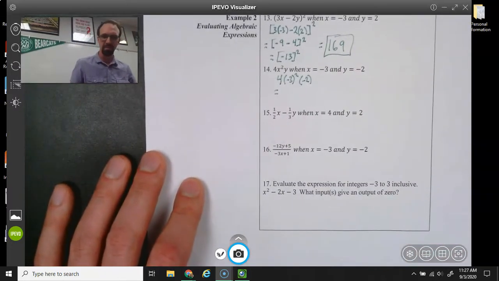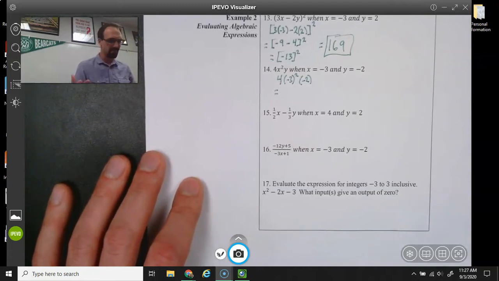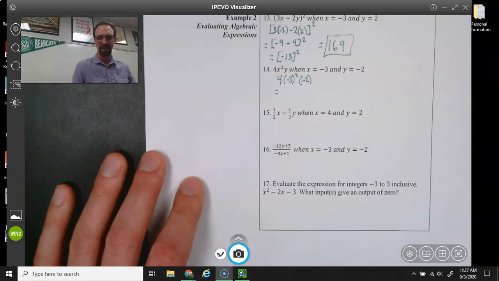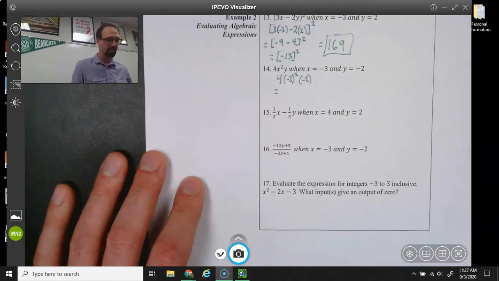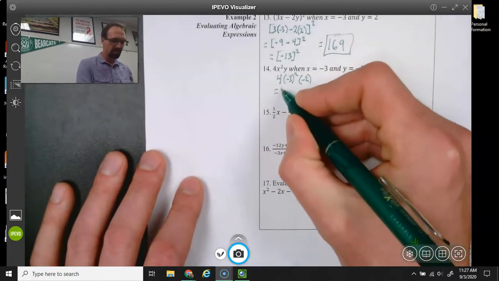You'll see me sometimes do that and sometimes not. Mathematically, if you're working through and solving or simplifying, the equal signs are unnecessary if the reader can understand your work. I realize I need to model good communication here, so I'm going to remember to include those as much as possible. 4 comes down, as is.